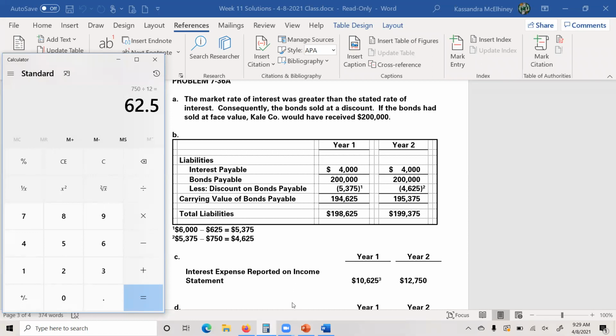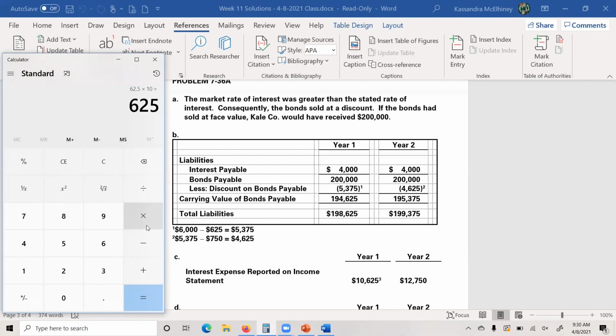So the discount on bonds payable, we would have amortized during year one 10 months' worth of bond discount. So $62.50 per month times 10 months. That first bond interest payment, we would have paid cash plus amortized $625 worth of bond discount.